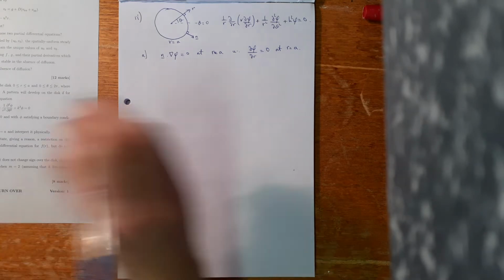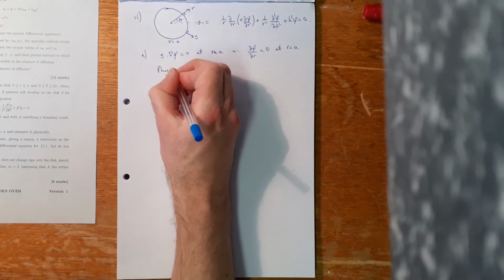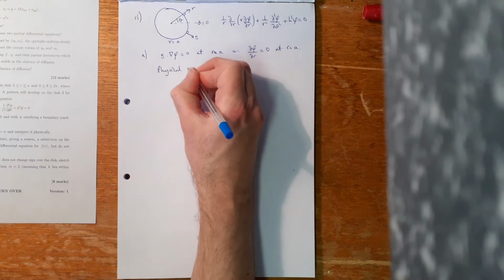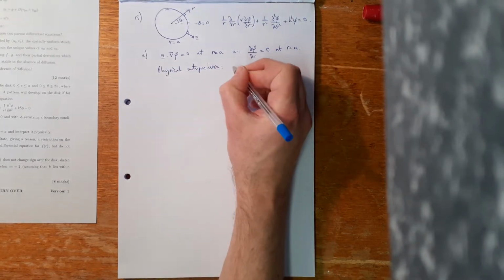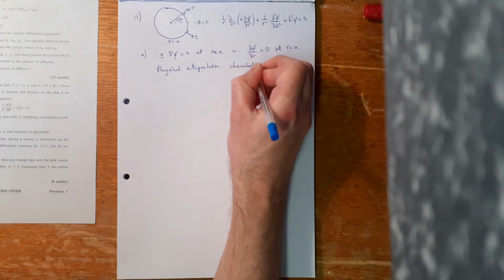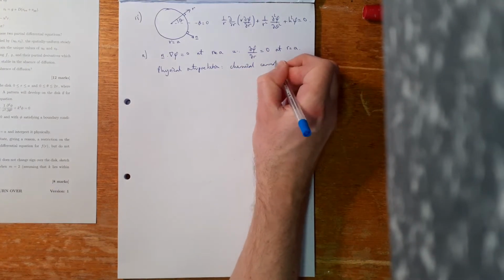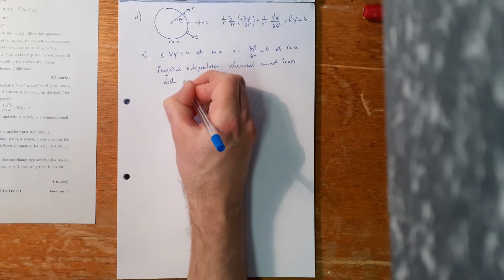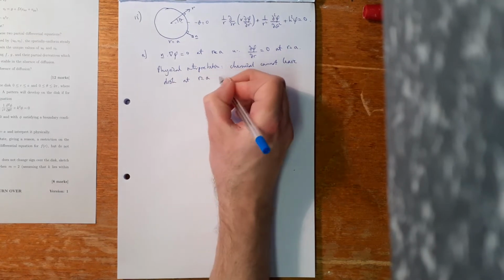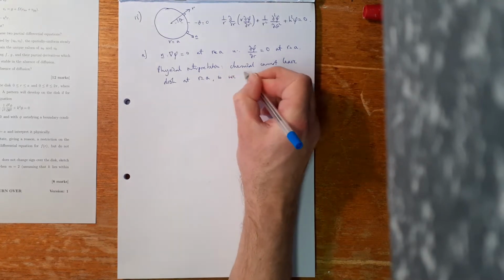And what's its physical interpretation? Well, that's that the chemical cannot flow out of the domain and we have a closed system. So the chemical cannot leave the disk at r equals a, so we have a closed system.